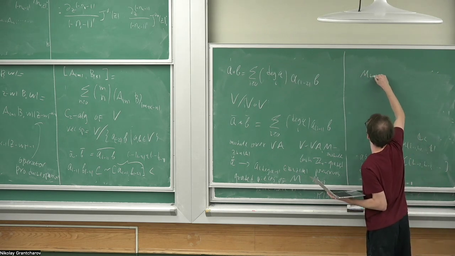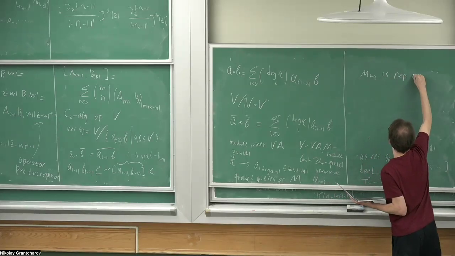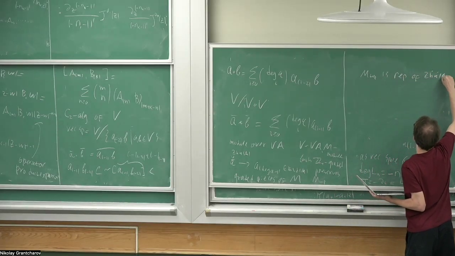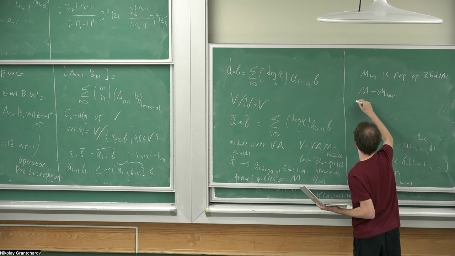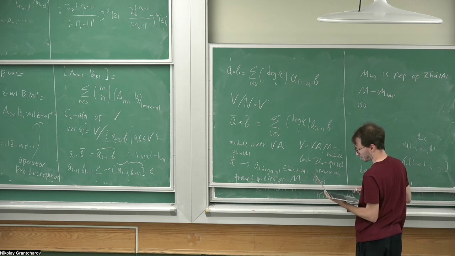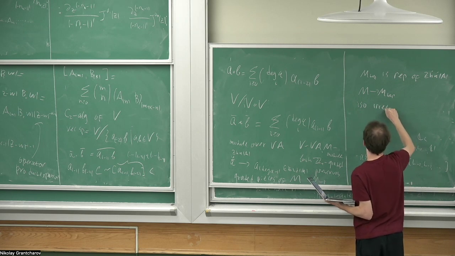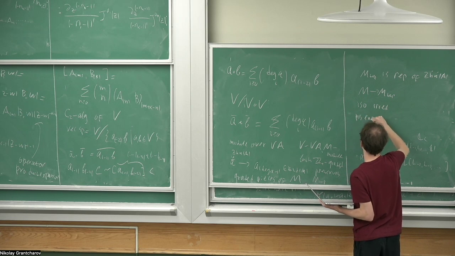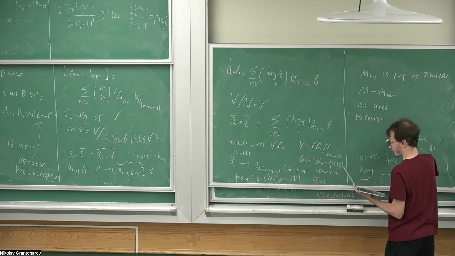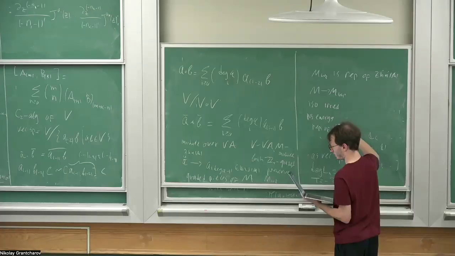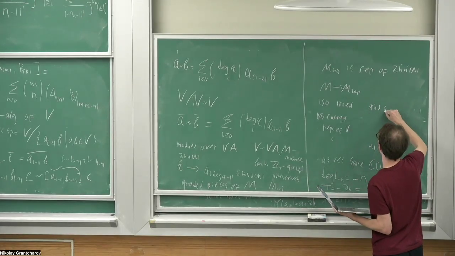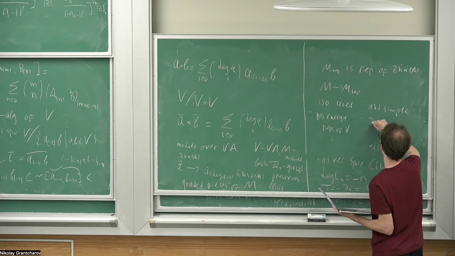So M top is a representation of the Zhu algebra of A, and M top provides a bijection between isomorphism classes of irreducible positive energy representations of V and simple modules over the Zhu algebra of V.